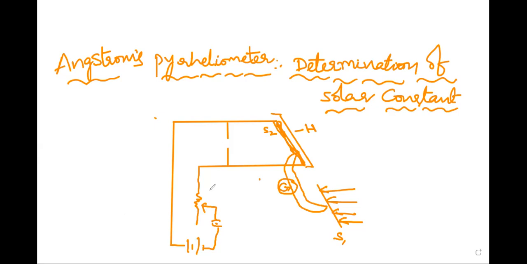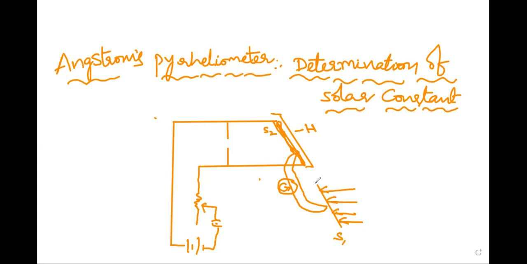When S1 and S2 are at the same temperature, the galvanometer G shows no deflection. When S1 is exposed to radiation, it is heated and its temperature increases.